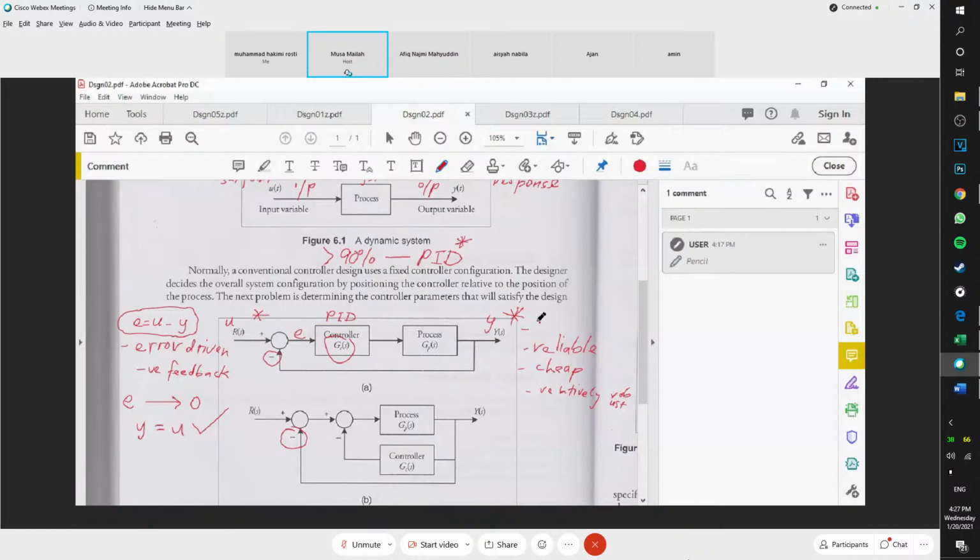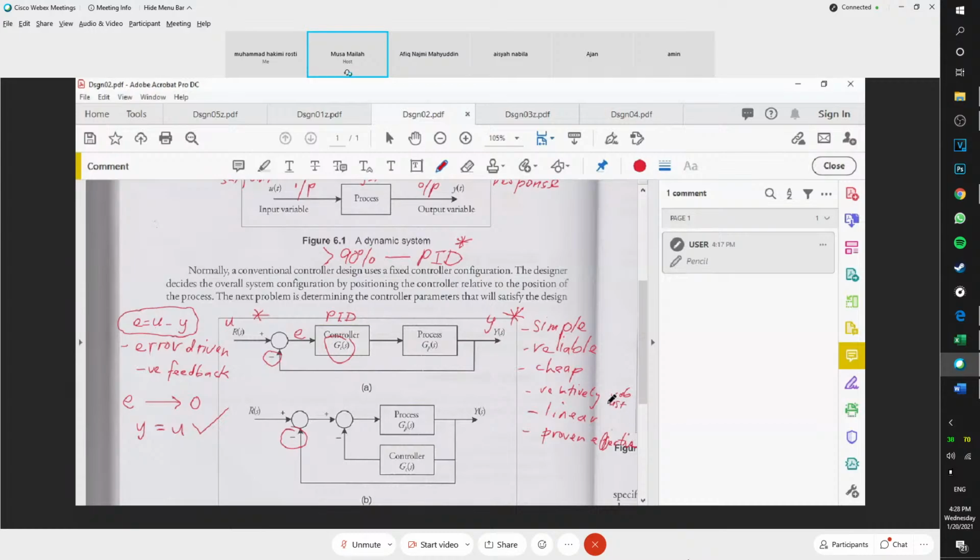It is simple in structure. It is a linear controller. Can you see all the advantages? And it is proven effective. You can find that in the literature.